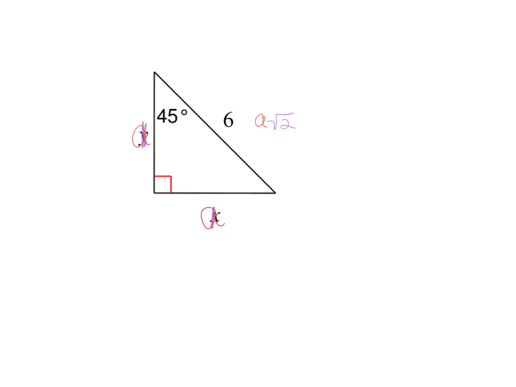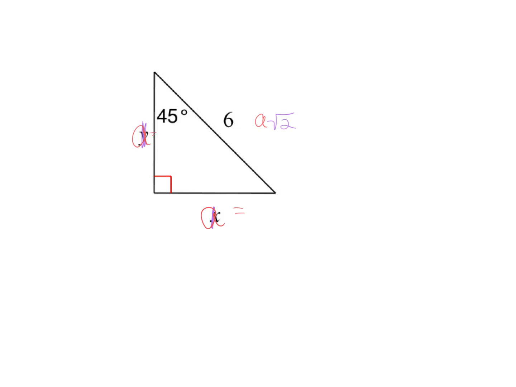Everybody with me? Now I ask myself, where can I put an equal sign with the length given and part of my pattern to jumpstart my problem solving? Can I say on either leg A equals anything? Is there a number that A equals here?